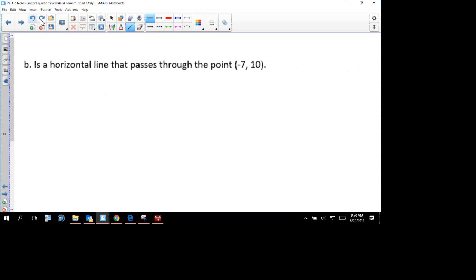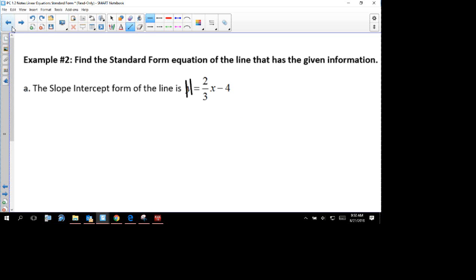Let me try that again. If I multiply the y, because if I multiply everything, I'm going to have to multiply everything. If I multiply this one by 3 over 2, what were we trying to do?